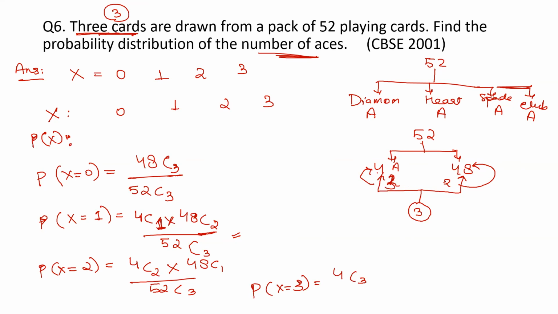Abdul, how many cards will we draw from this 48 now? So 0. Okay, so there's no need to write that. 4c3 by 52c3, very good. Aman, that's correct. You can ignore that 48C0, because its value is 1. Umair, is it clear?